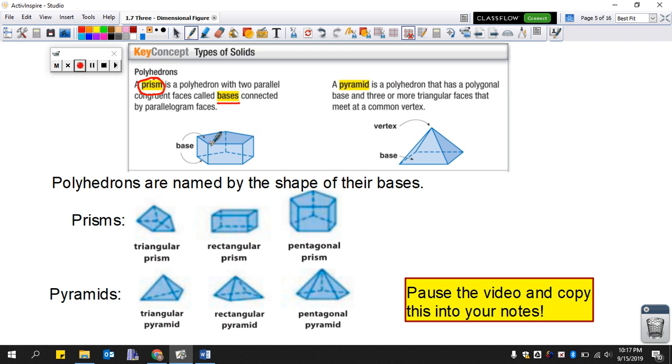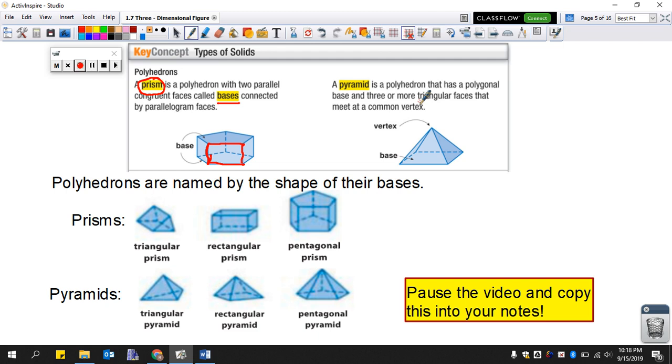So, and parallelograms have two sets of parallel sides. Okay. So you have the top and the bottom that are parallel, and the right side and the left side that are parallel. Okay, so that's called a prism.